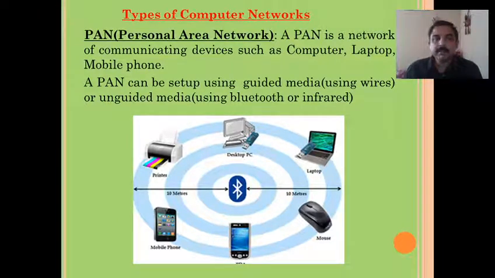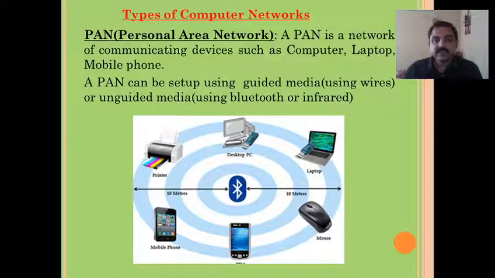Next one is PAN, personal area network. The personal area network is a network of communicating devices such as computer, laptop, mobile phone, etc. A PAN can be set up using guided media or unguided media, using Bluetooth or infrared. So actually, what is PAN? It is the short distance connection between computers and electronic devices.